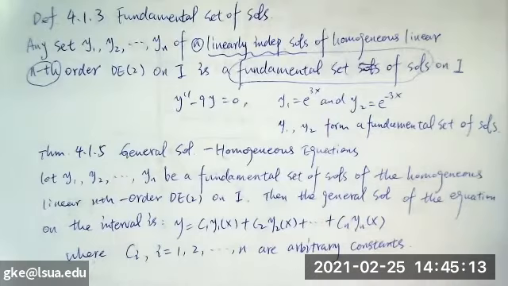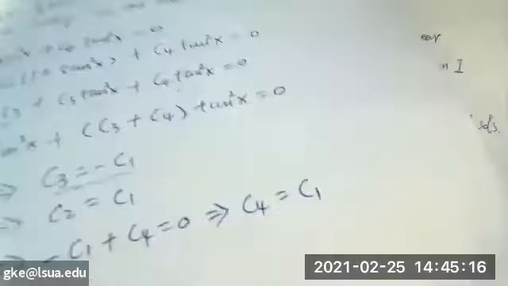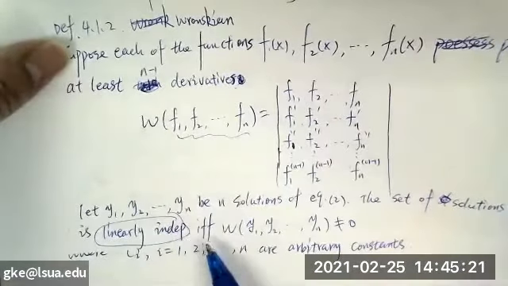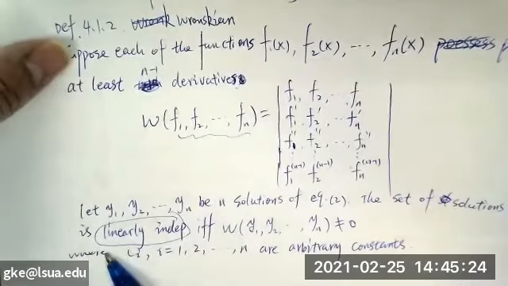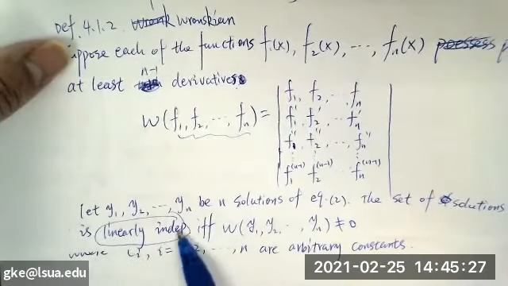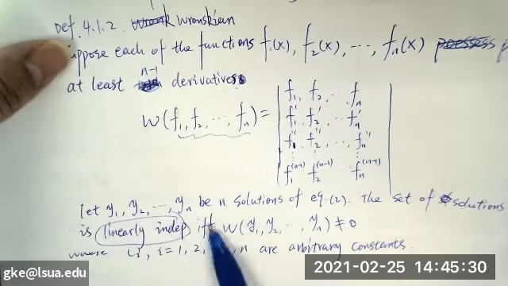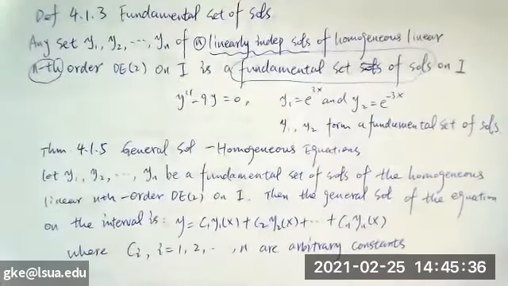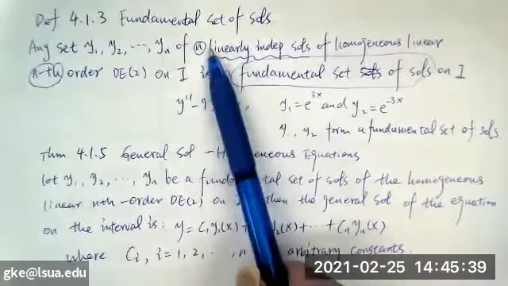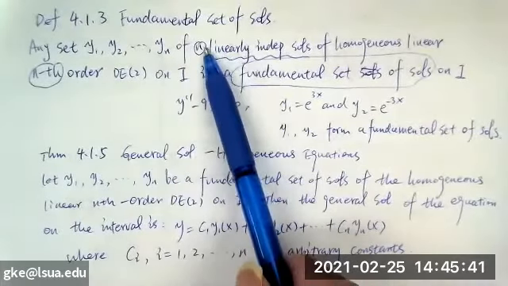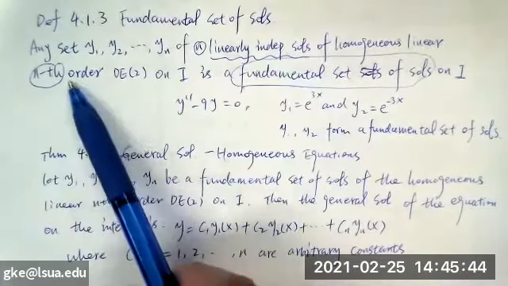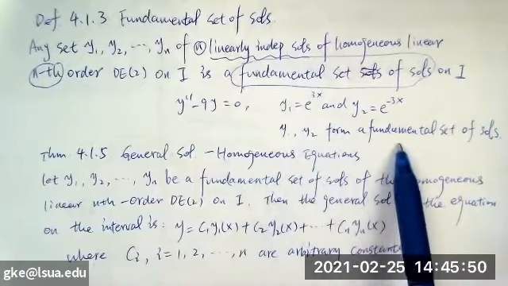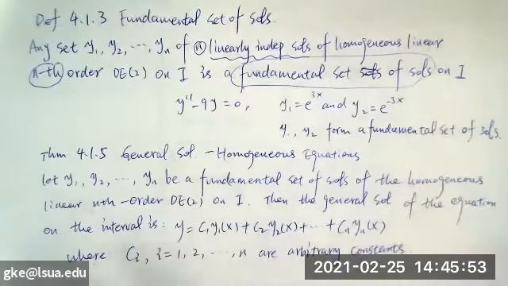So let's take a look at these three terminologies. The first one is the Wronskian. The Wronskian tells us we can use the Wronskian principle to check whether these functions are linearly independent or not. After we find the linearly independent solutions, we check the number. If we find n linearly independent solutions corresponding to an nth order equation, that means these solutions form a fundamental set of solutions.